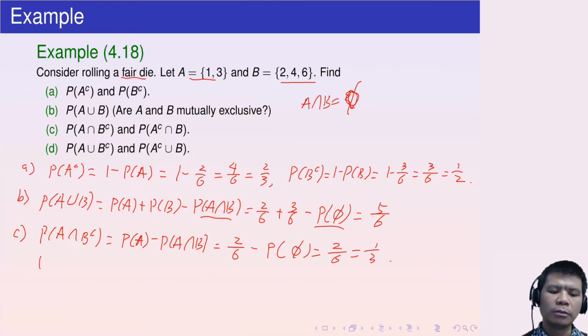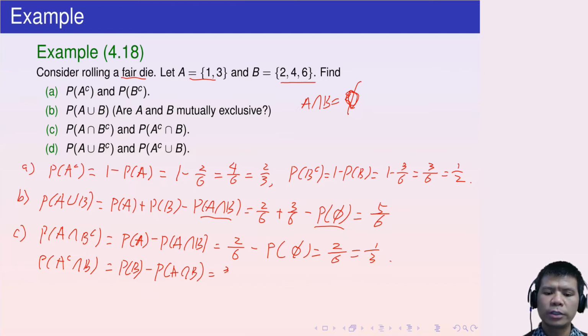Similarly, the probability of A complement intersect B equals B with the intersection excluded, so 3 over 6 minus the probability of the null event. So it's 3 over 6, which is 1/2.